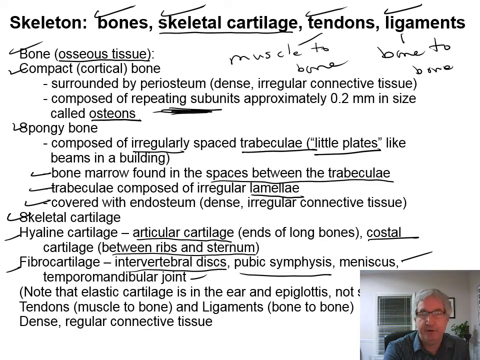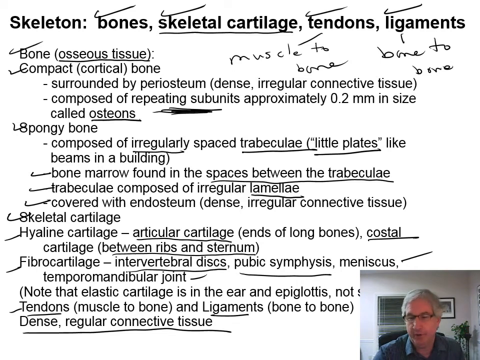Then you have the other things found in the skeletal system: tendons and ligaments. Dense irregular connective tissue is the endosteum and periosteum. Dense regular connective tissue is what composes tendons and ligaments.